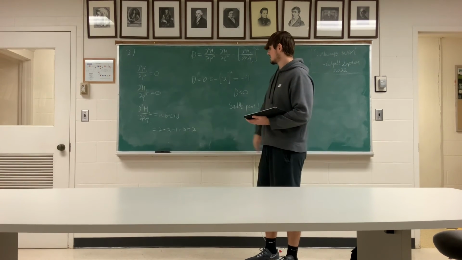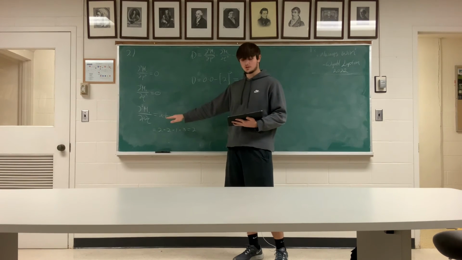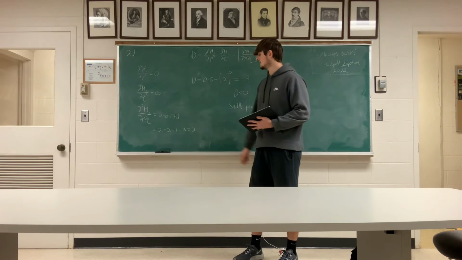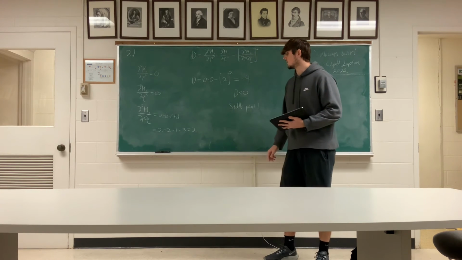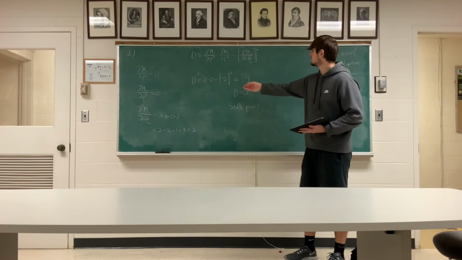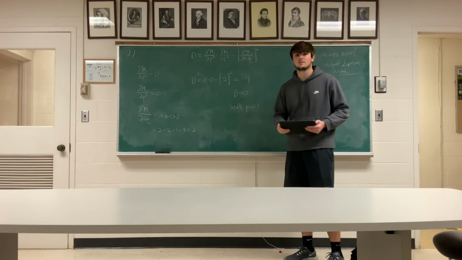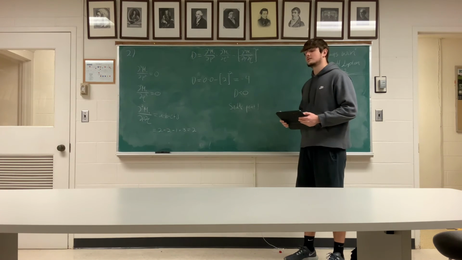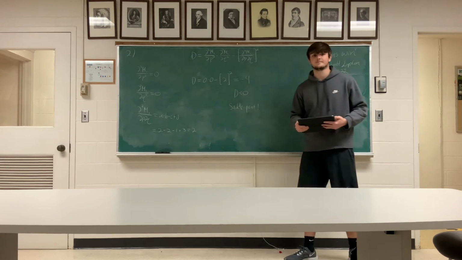For this specific problem, with A and B equal 2, C equals 1, and D equals 3, we get the second order partial with respect to P and Q being 2. Plugging this back into our equation for D yields -4, which is less than 0, meaning it is a saddle point.